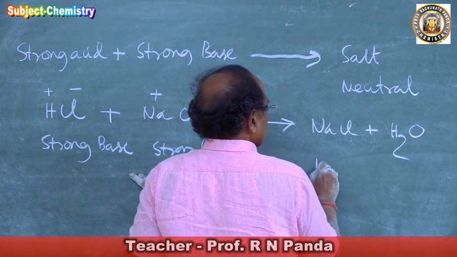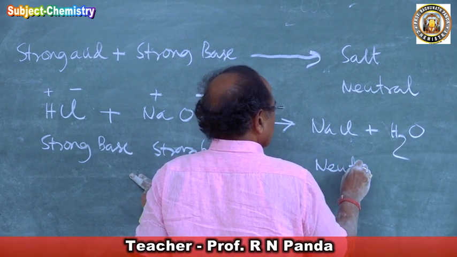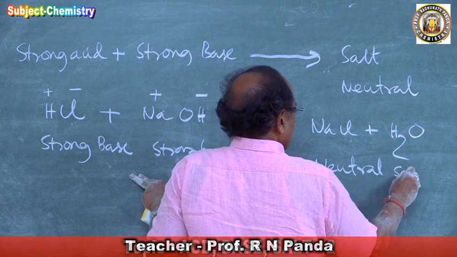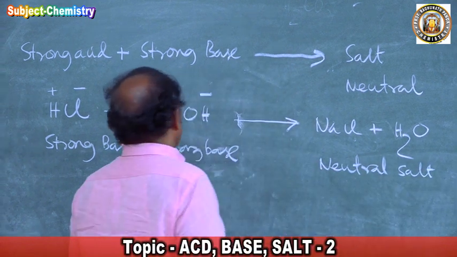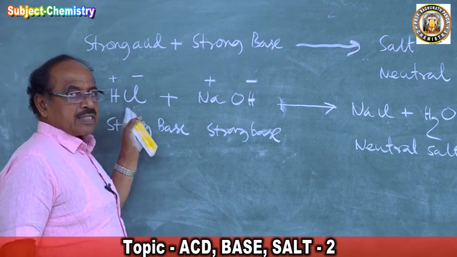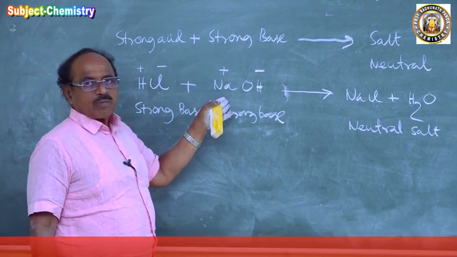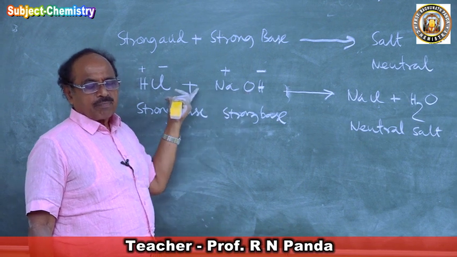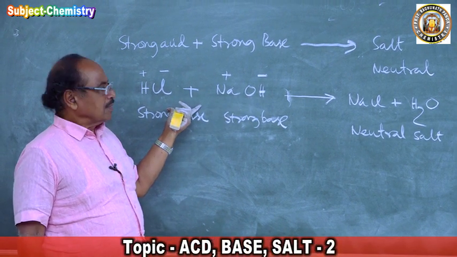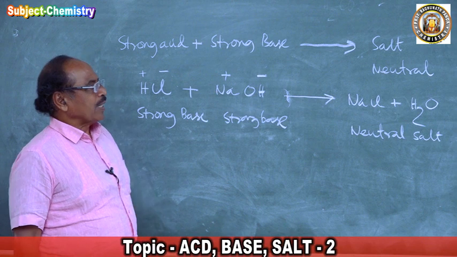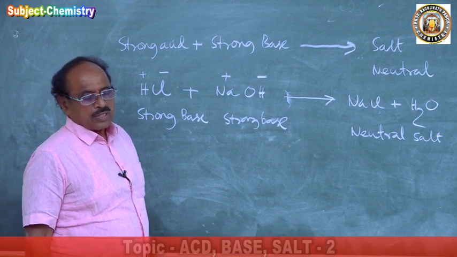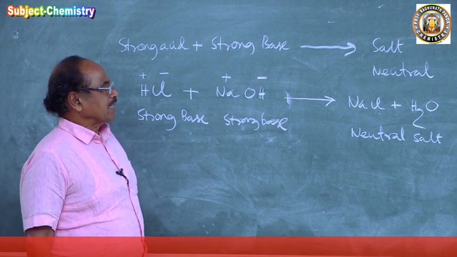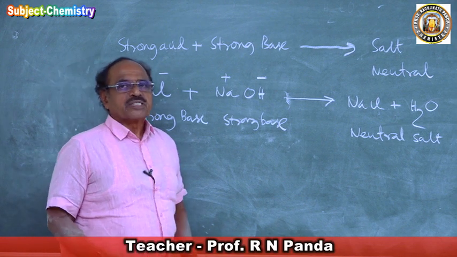So this salt is a neutral salt, because HCl, a strong acid, will completely neutralize sodium hydroxide, a strong base, and they produce sodium chloride, the neutral salt, and water.